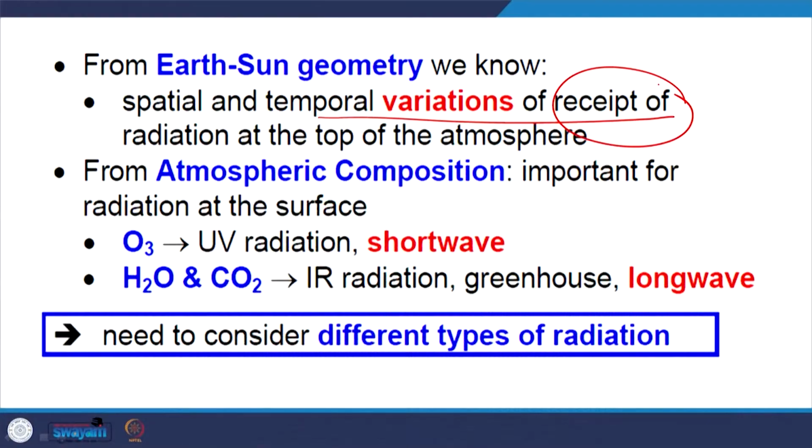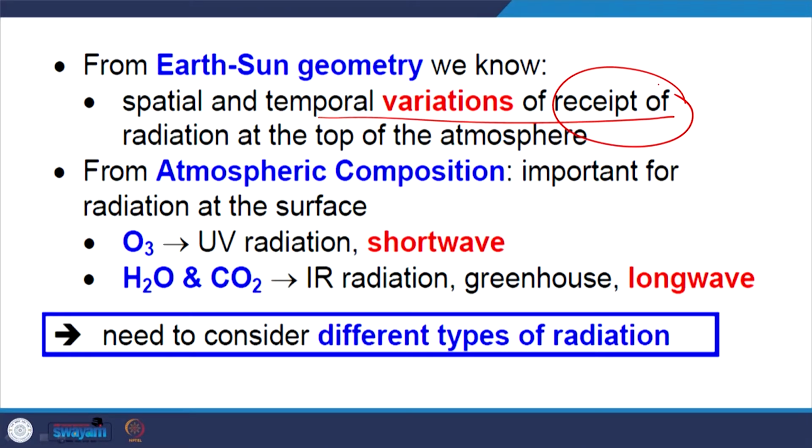So, depending on the position of earth at different times, you have variation in position and variation in time, in the temporal domain. So, depending on spatial and temporal positions, it is always possible that earth receives different amounts of energy at different points in space and time. Okay, so the receipt of energy is different at different times.